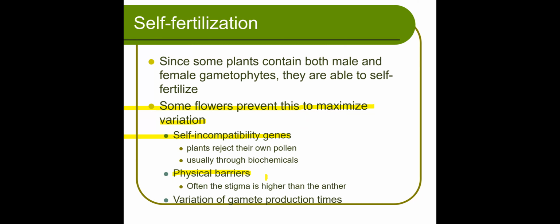One thing that you may notice, it depends on the flowers that you get, but a lot of times that sticky stigma is higher than the anthers, and that way the pollen can't really just easily fall or be blown onto that stigma. Or sometimes the flowers, they'll produce the egg and sperm at different times, and that way they can't fertilize themselves. So all of these are just going to be means to help prevent self-pollination, and that way you can increase variety.